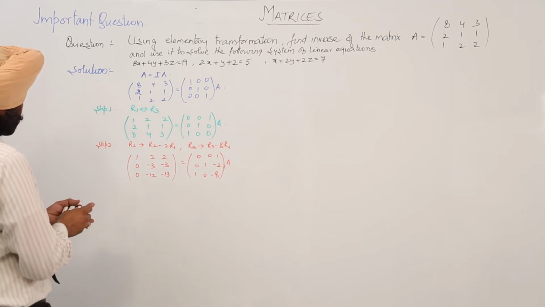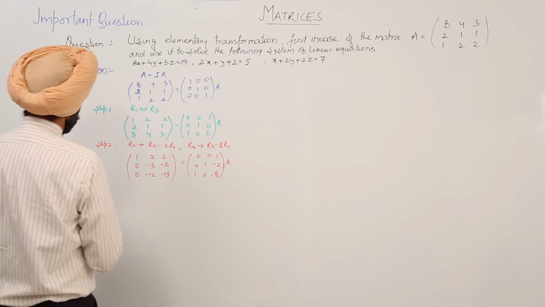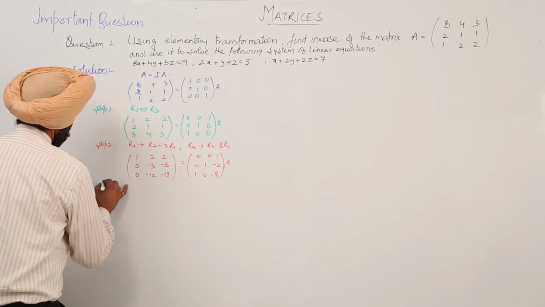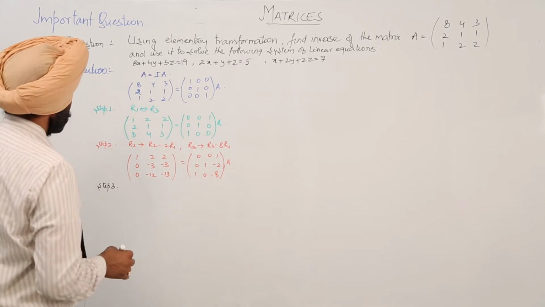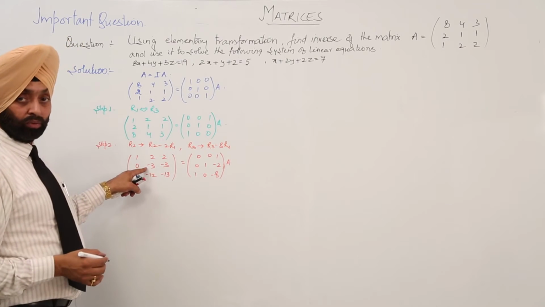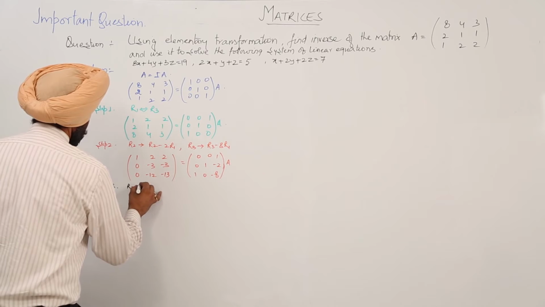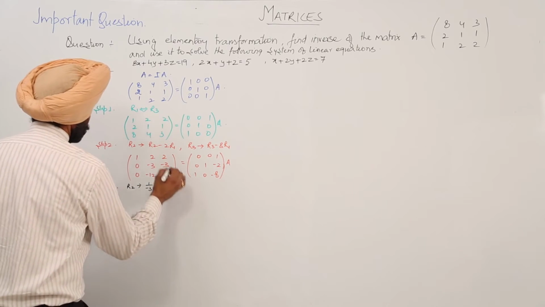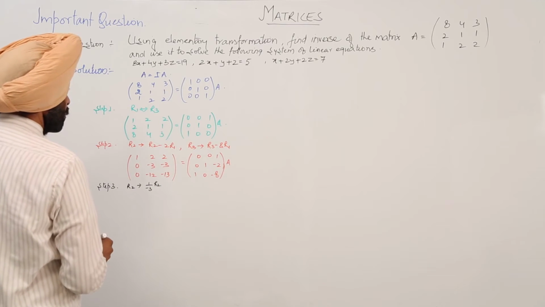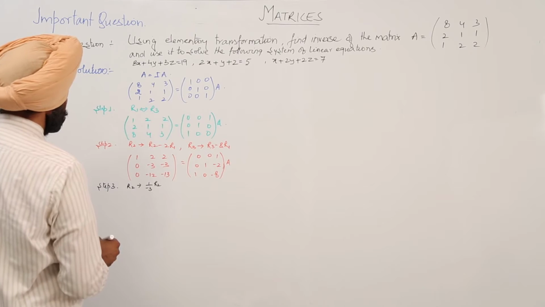Okay. Now step 3. In step 3, we have to make A22 a 1. Now R2 approaches to 1 upon minus 3 with R2.